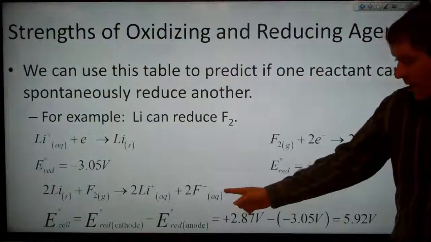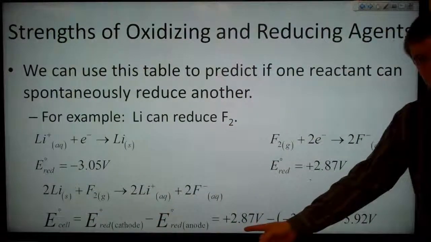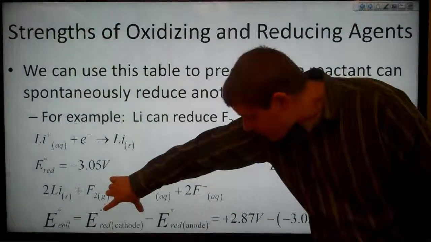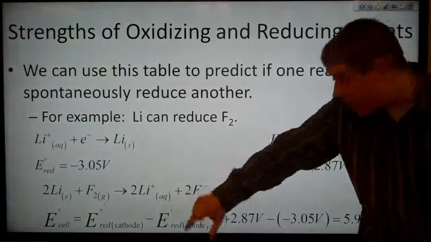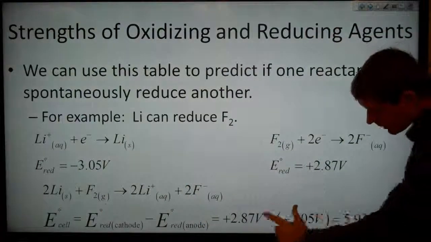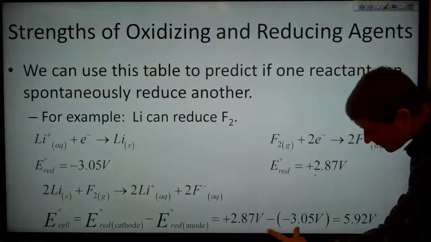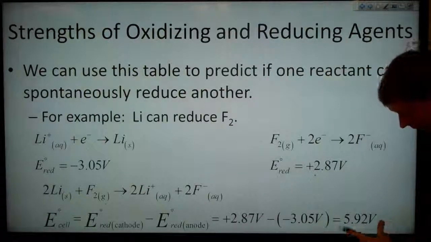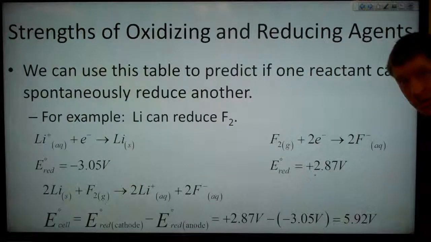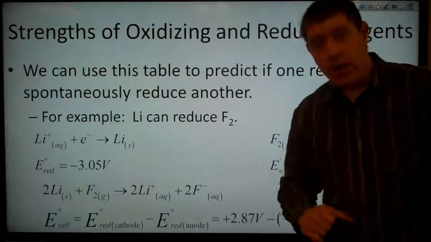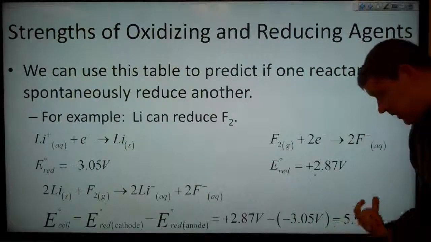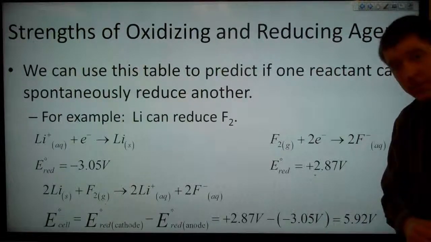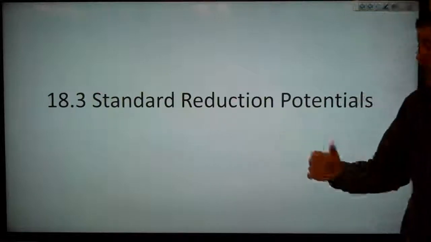When we then add those two reactions together, we've got our standard complete cell potential of the standard reduction potential for our cathode minus the standard reduction potential for our anode. So we've got this value, the plus 2.87 volts, minus a negative 3.05 volts from up here. And that gives us 5.92 volts. And because these are the two extreme values, any other value that you get will be less than that. It will be somewhere between 0 and 5.92 volts. So that was standard reduction potentials.